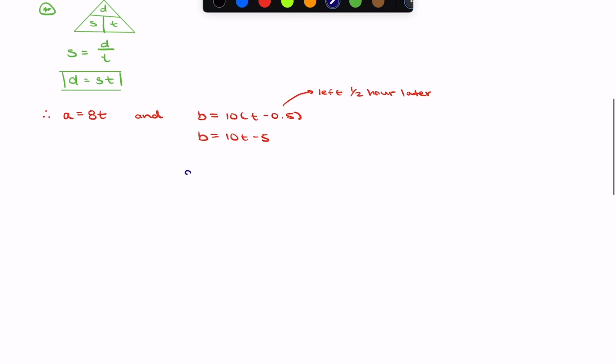We can write that as d squared is equal to a squared, so 8t squared, plus 9 minus 10t minus 5 squared.